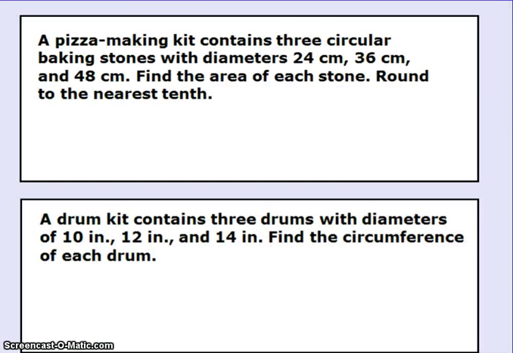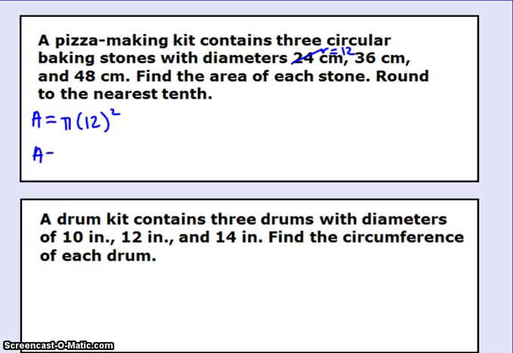Alright, so a pizza making kit contains 3 circular baking stones with the diameters of 24, 36, and 48. Find the area of each stone, rounding your answer to the nearest tenth. So really all I have to do is the area. Now diameter is 24, then radius equals 12. So that'd be pi r squared.